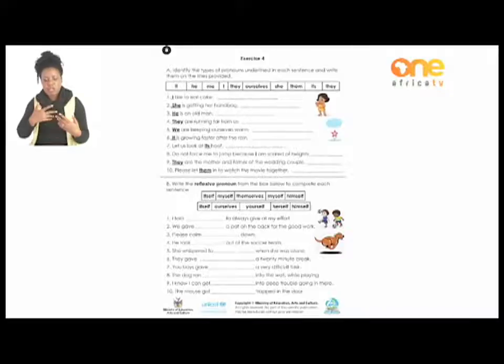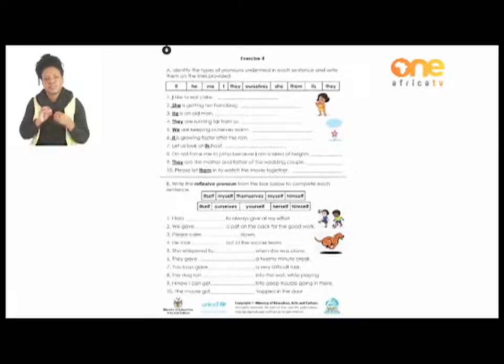Underneath number 10, there is also an activity that you will have to do. The instruction says, write the reflexive pronoun from the box below to complete each sentence. Now, the examples of reflexive pronoun are written in those small boxes that you see there.